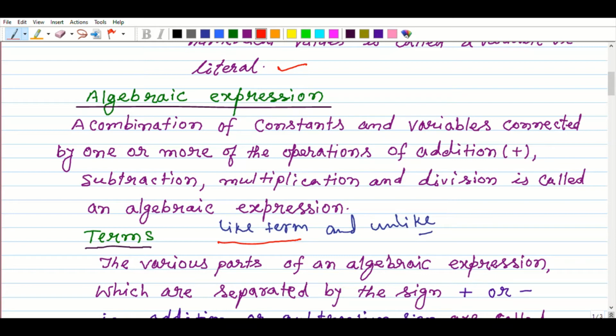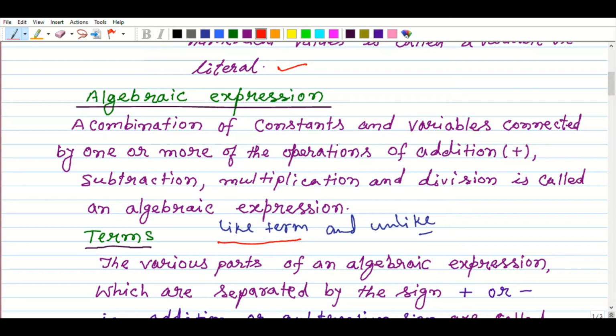things. Such that in an algebraic expression also you can say 3x plus 4x, it contains variables and constants also, but it is not two terms. When 3x and 4x are added, it becomes 7x, right? So like terms can be added.